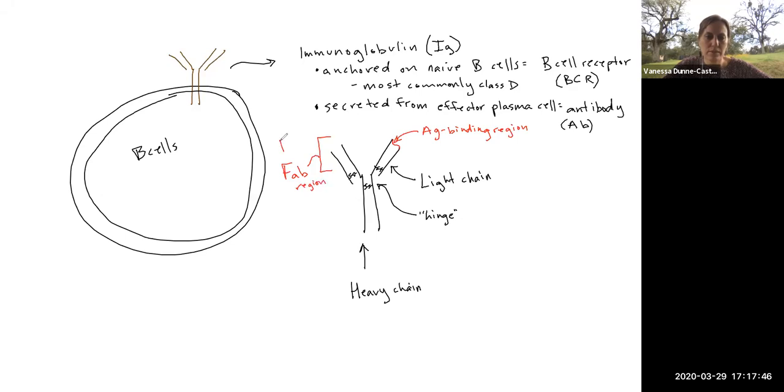This stands for functional antigen binding. The Fab region is this region at the top, and this is what varies from one type of molecule to another.